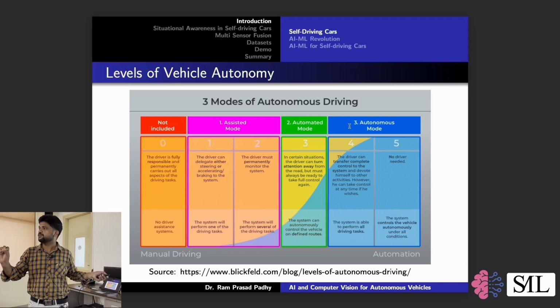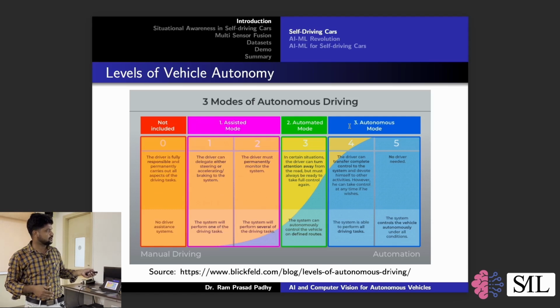That is level 1 autonomy. So some form of assistance is given to the driver. That is where the name advanced driver assistance system comes from. Slowly the assistance will increase until it is made completely autonomous. Then in level 2 autonomy, the driver must permanently monitor the system. The system will perform several of the driving tasks.